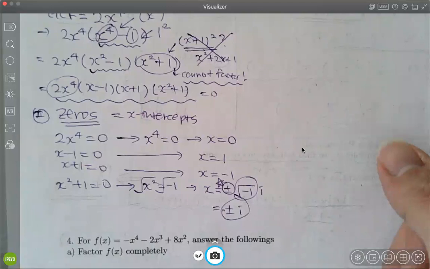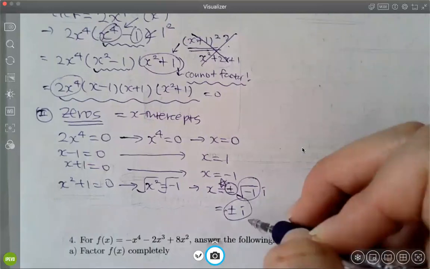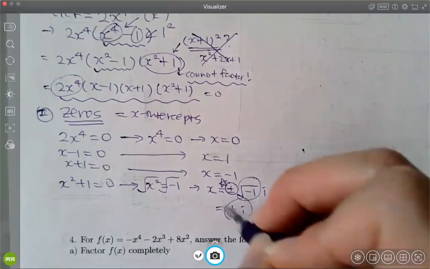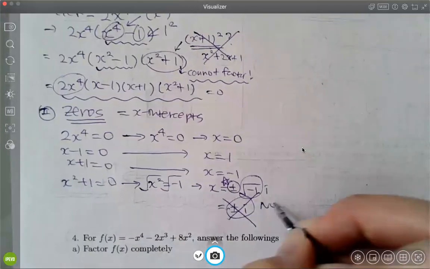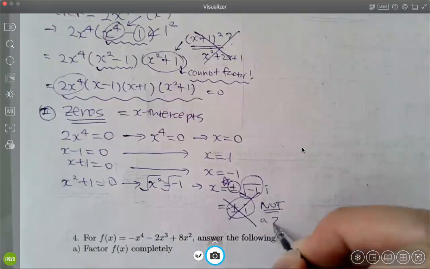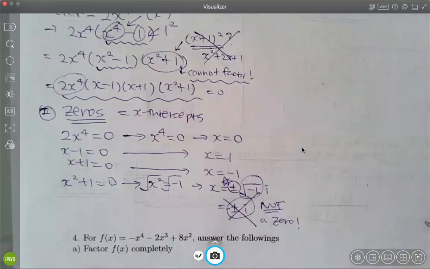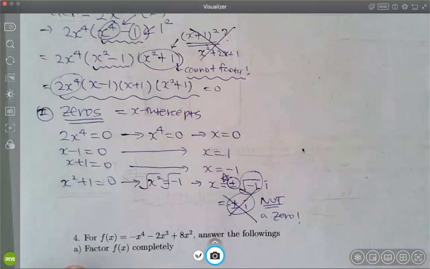No, because they aren't real numbers. Right? No. Because on the xy plane, there's no place for the imaginary numbers, right? So that is not a zero. Now I know that in yesterday's class, we saw that an imaginary number can be a zero, but remember, we are focusing on the graph this time.